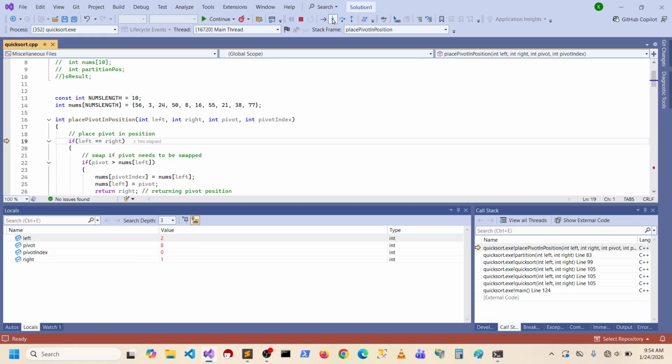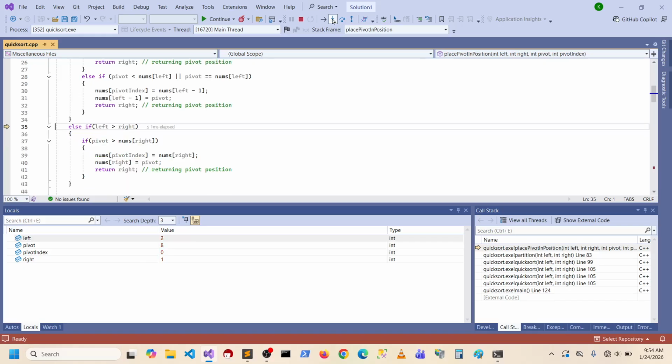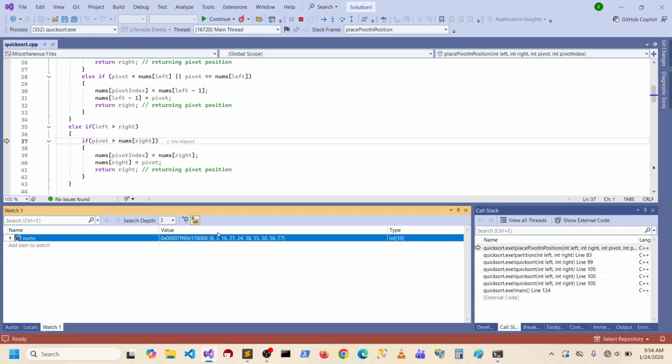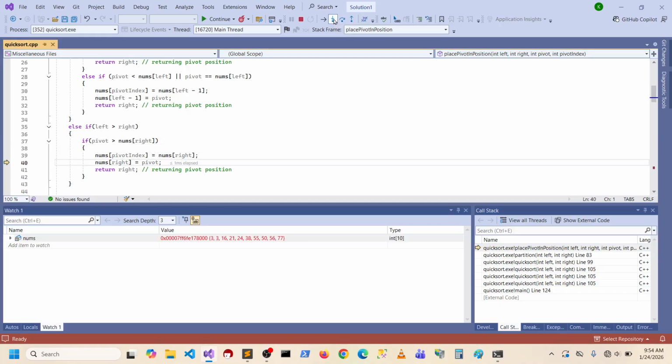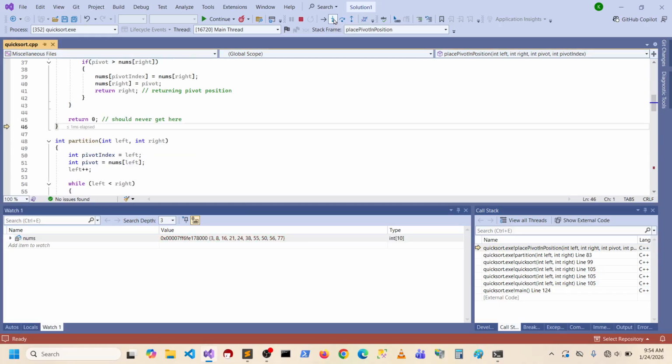2 and 1. Pivot is greater than nums right. That's 8. And nums 1, which is 3. It is, so it should swap. But that left side did work. So there we go there.